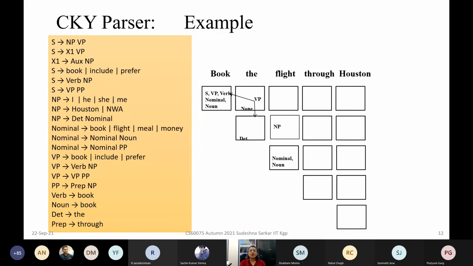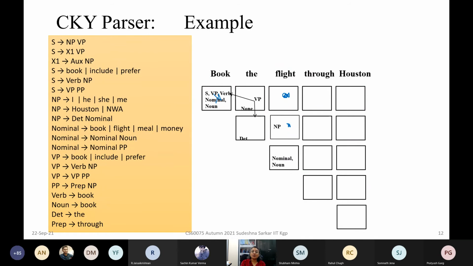Now, suppose I come here. I want to look at how this can decompose: into book, that is this, and the flight, this and this, or book the and flight, right?